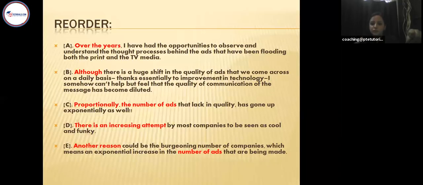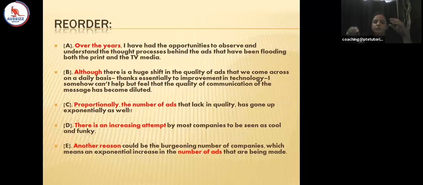I would suggest you look over that hook, whether that hook is making the connection with the next line or not. Now read the last line of the first sentence and understand the thought processes behind the ads that have been flooding both the print and the TV media.